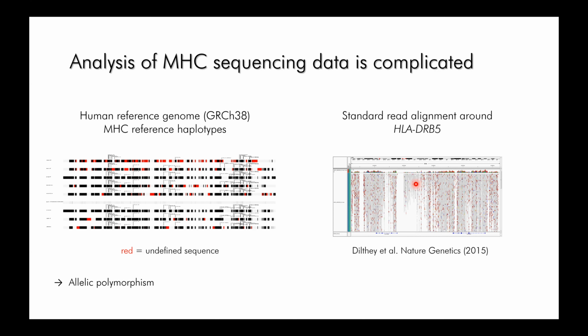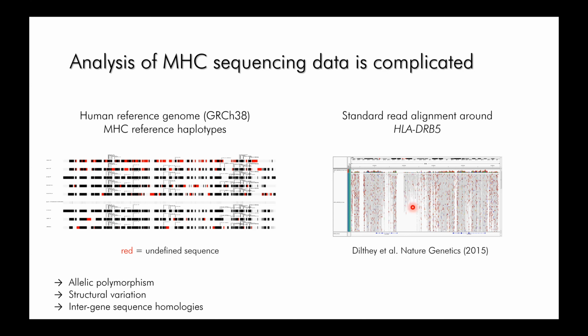Now, why is analyzing the MHC so complicated? Three factors. First factor is the allelic polymorphism of the HLA genes, which makes it complicated to correctly map reads to the genes that they belong to. Then secondly, the structural variation, for example, as seen here in the class 2 region.